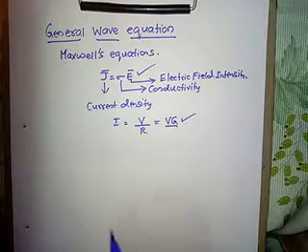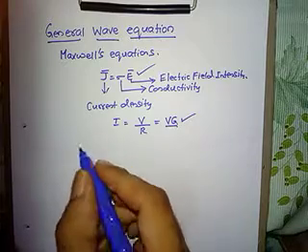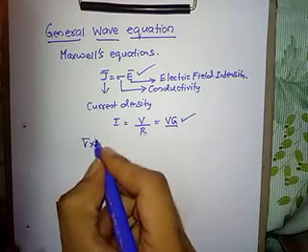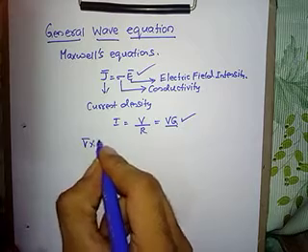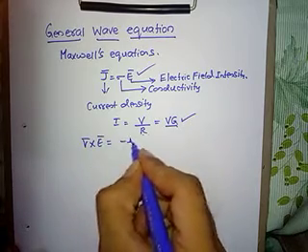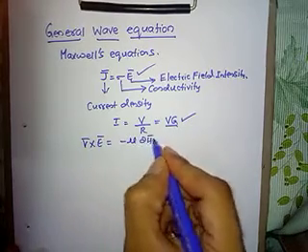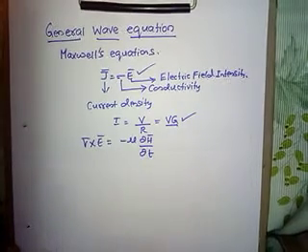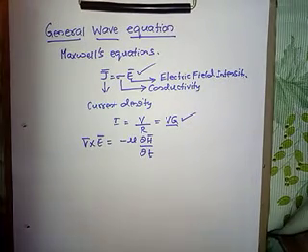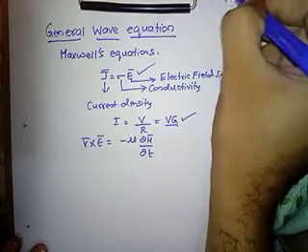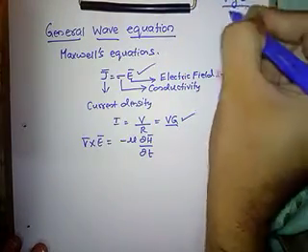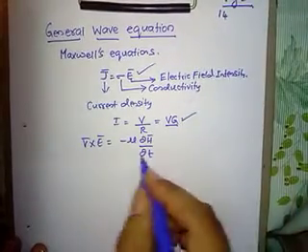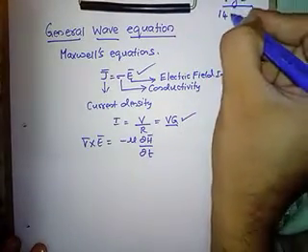Now, we have a few of the Maxwell's equations here. These Maxwell's equations are del cross E bar is equal to minus mu dou H bar by dou t.